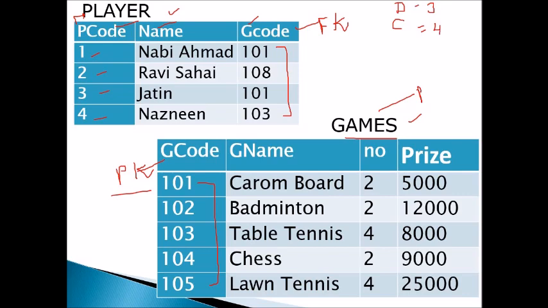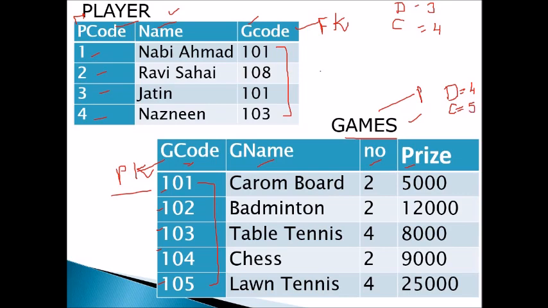Now write the degree and cardinality of this. So how many columns? 1, 2, 3, 4. So in this table the degree is equal to 4. Now cardinality, count the number of rows, 1, 2, 3, 4 and 5. 5 rows means cardinality is equal to 5.